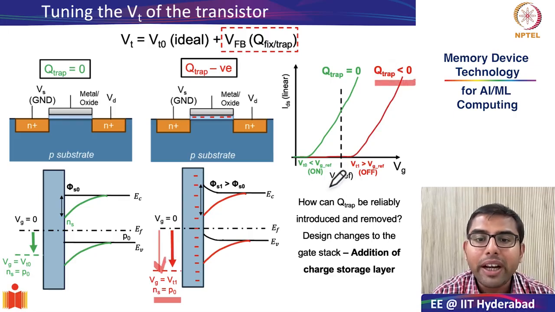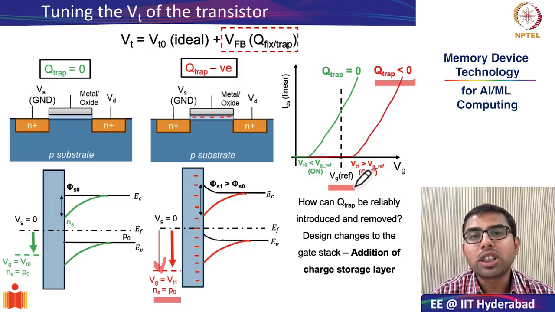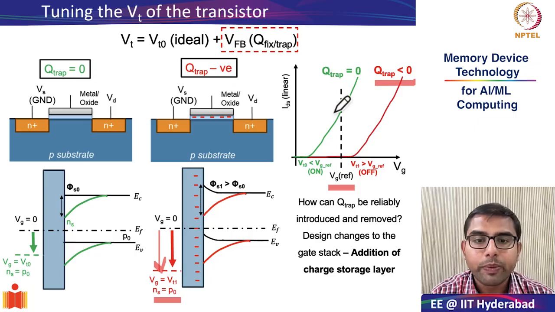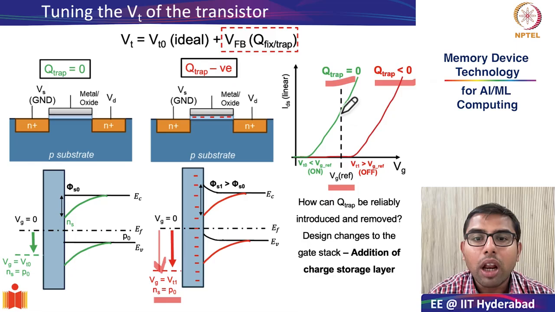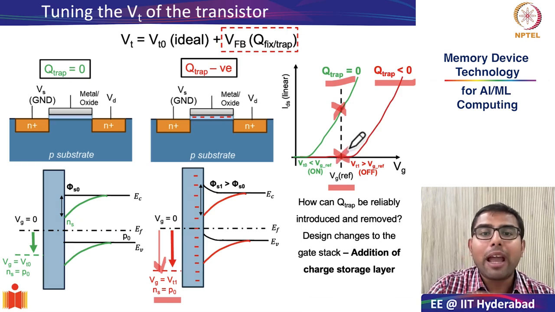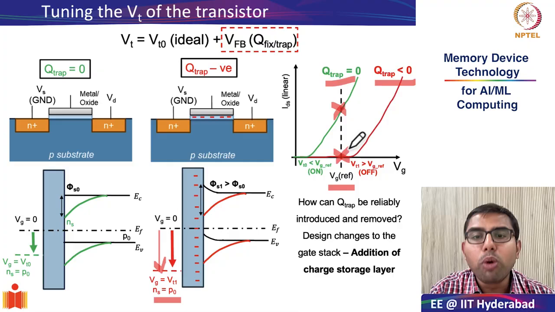So if you have a predefined reference voltage on the gate voltage axis, the transistor without any trap charges will be in an on state at the given reference voltage, and the one with negative trap charges will be in the off state. And by reliably introducing and removing trap charges, you will be able to transform a transistor device into a memory device.